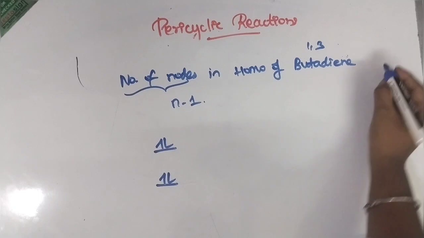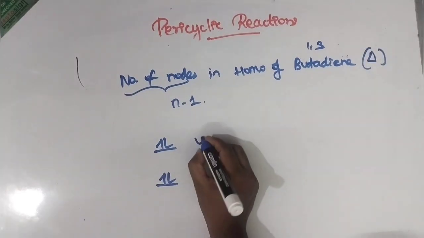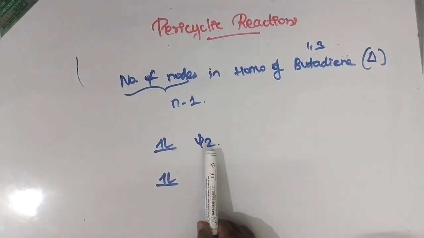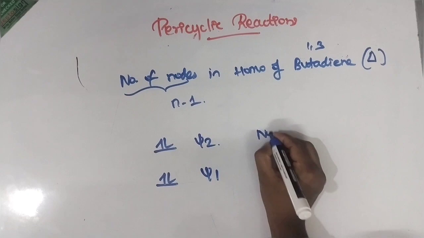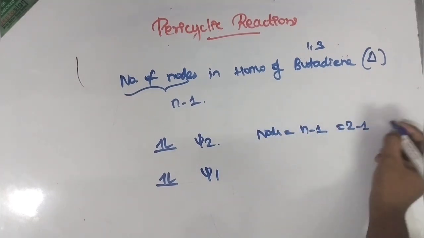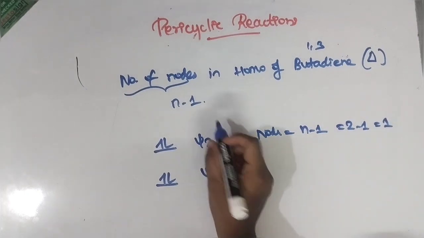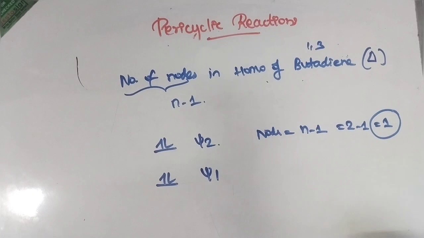They will also give you the condition. If they are giving you the thermal condition, then psi 2 will be the HOMO, right? If psi 2 is the HOMO, then you can calculate nodes. Nodes is equal to n minus 1. So 2 minus 1 equal to 1. So for number of nodes in HOMO of 1,3 butadiene, the answer is 1. This is how you have to calculate.